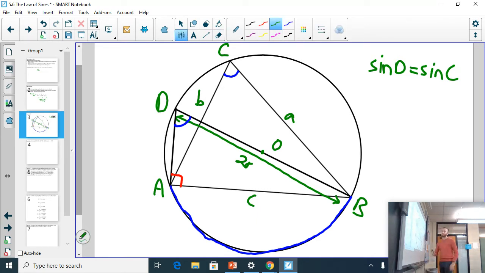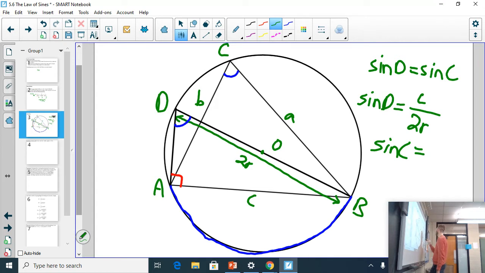And now we have the sine of D is opposite over the hypotenuse, which in this case is going to be, the opposite is c, and the hypotenuse is 2R. Well, we just said that the sine of D is the same thing as the sine of C, so let me replace it. So the sine of C equals c over 2R.